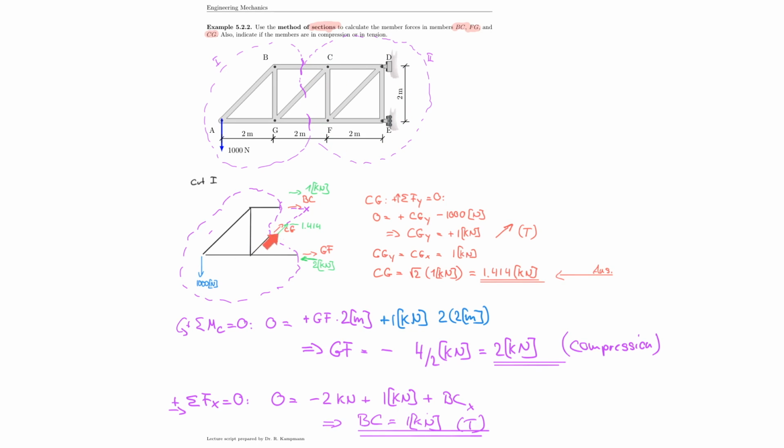And by the way, you can also use the method of joints to work your way in here and to validate your results. So you will easily have a tool to find out if you are right or wrong, pretty much to check your own work. And I encourage you to do that for problems that are as small as these ones. You just find the internal forces or the member forces by using the method of joints and the method of sections. And that will help you to gain confidence and solve more of these problems.